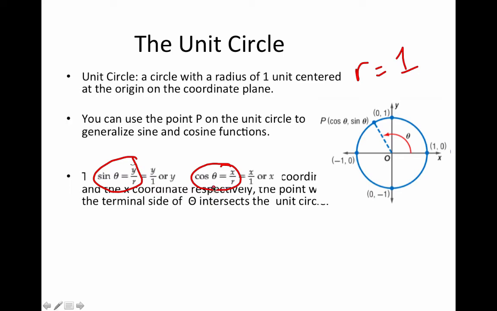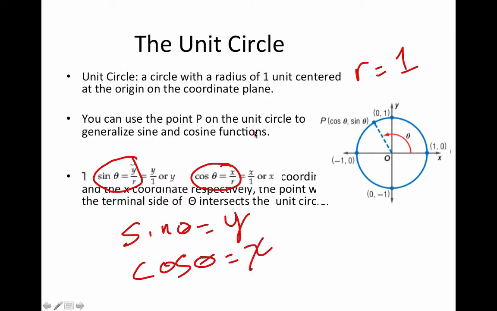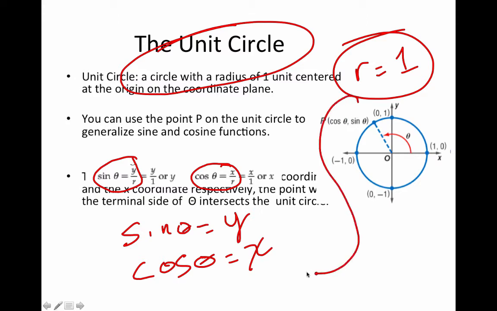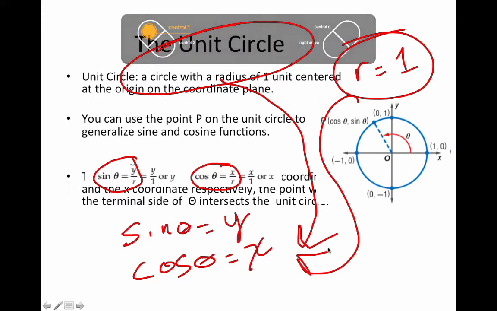This is where we really get ahead: if you're talking about a circle with a radius of 1, the sine will be equal to the y coordinate and the cosine is equal to the x coordinate. Please make note that this is only the case when r equals 1 and we're talking about the unit circle. They need to tell you that.